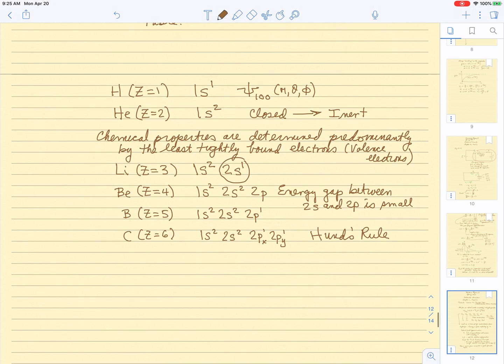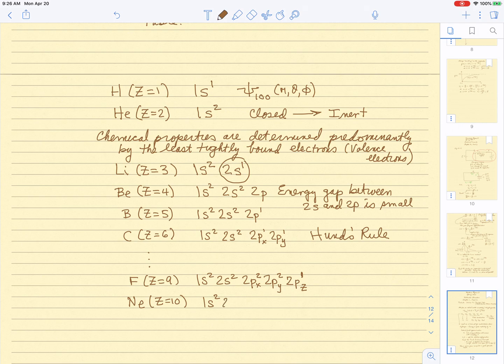So one can continue this game. If we look at fluorine, which is Z equals 9, it would be 1s2, 2s2, 2px, 2py, and 2pz. And so there'd be 2 in here, and 2 in here, and 1 in the last p orbital. And then lastly, completing that row, we would go to neon, which is Z equals 10.